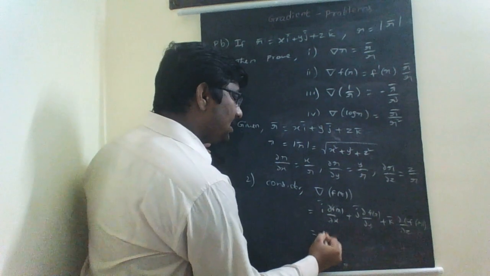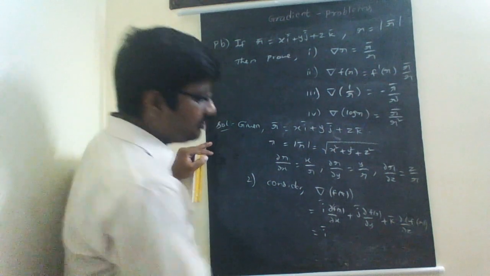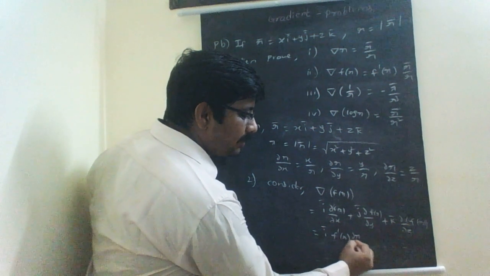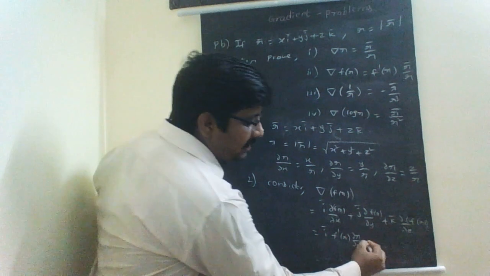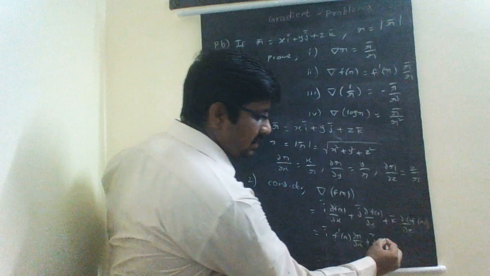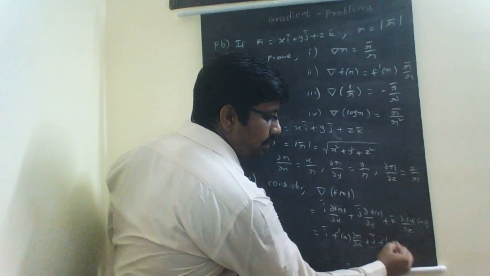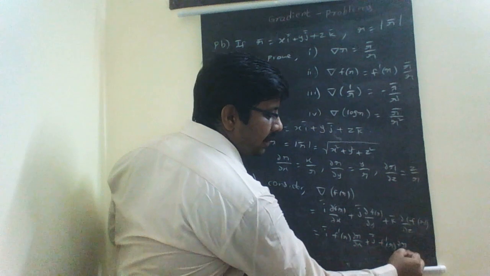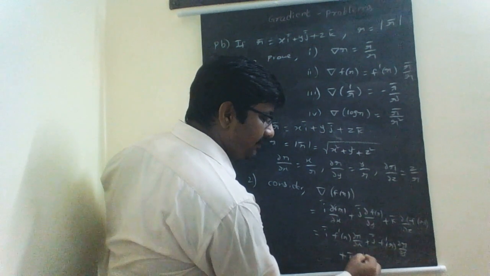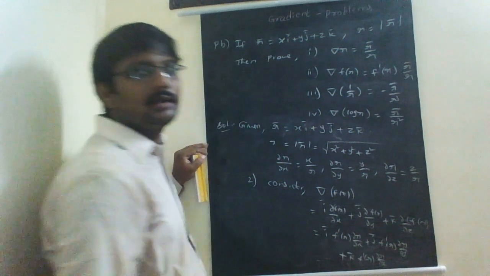So differentiating partially with respect to x the function f(r), whose derivative is f'(r) into ∂r/∂x, plus j bar into f'(r) into ∂r/∂y, plus k bar into f'(r) into ∂r/∂z.